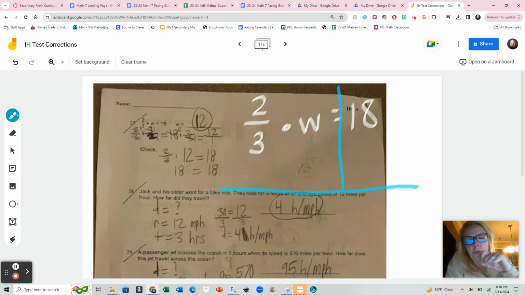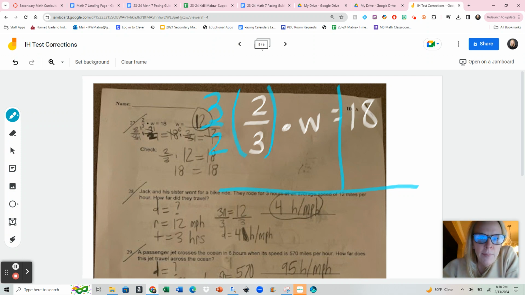The only way we can do this is to multiply by the reciprocal. Let me show you what happens when you multiply by the reciprocal. Remember, we want the variable by itself.